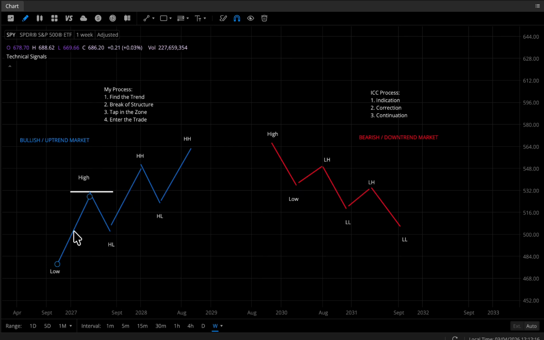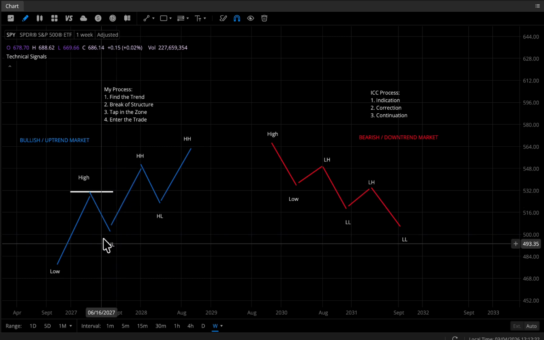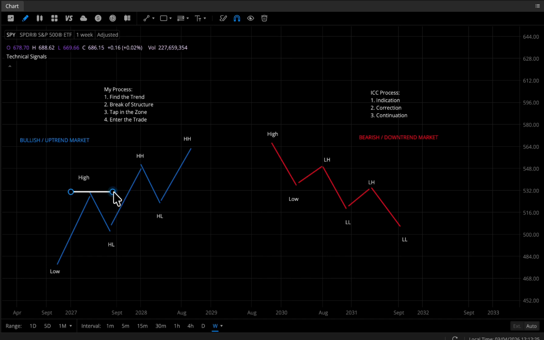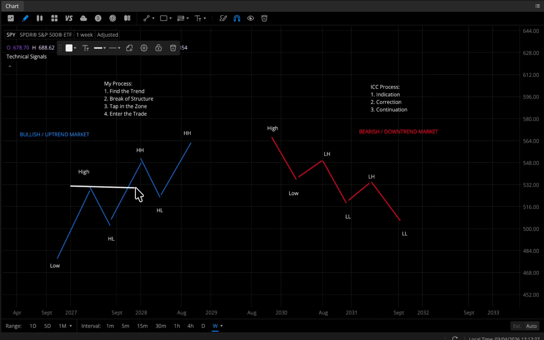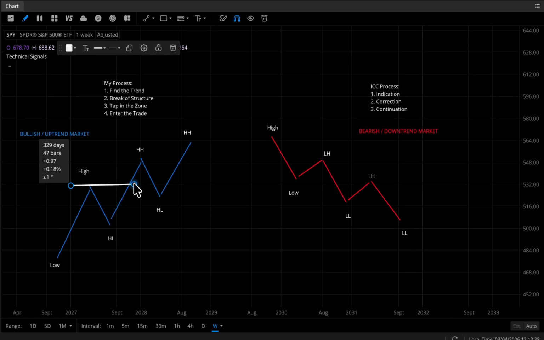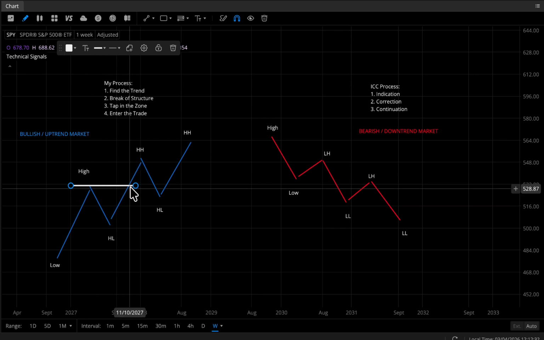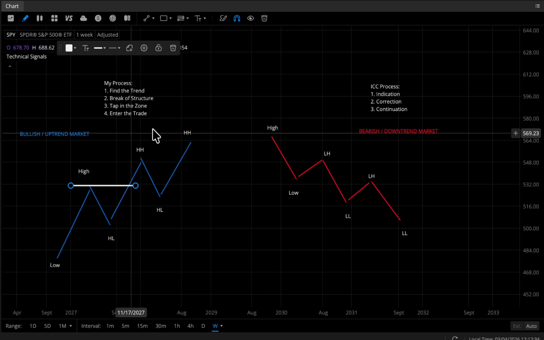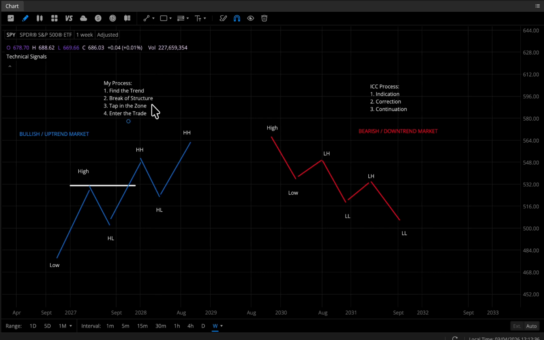So price came, created a high, pulled back, and finally it broke this structure. It finally broke this structure. That lets us know, okay, cool, price is still pushing up. Now that price broke the structure right here, which I didn't necessarily put, but let me put it just so it can make sense.